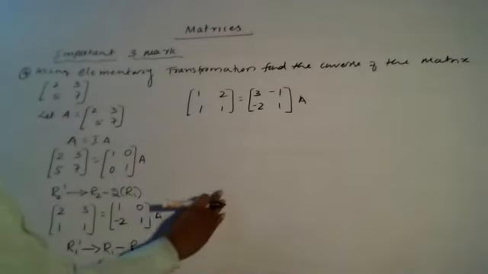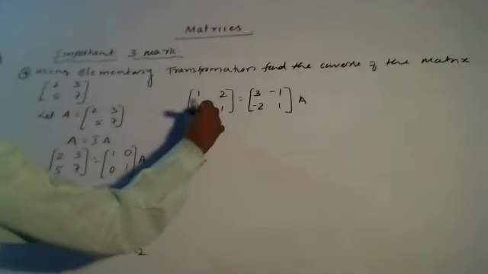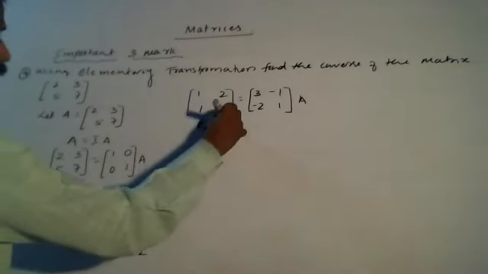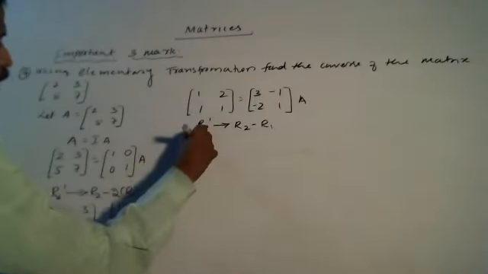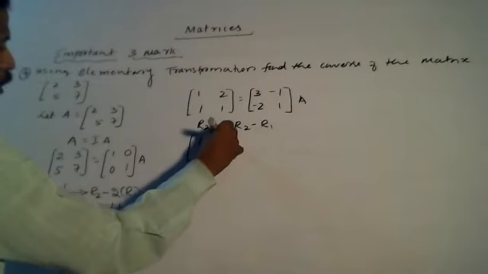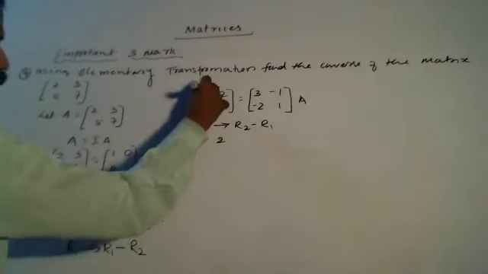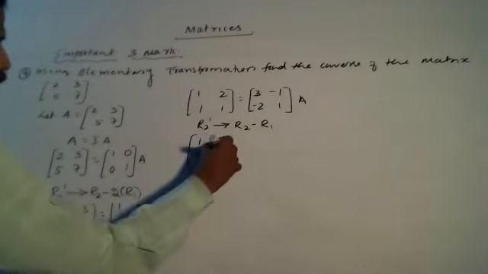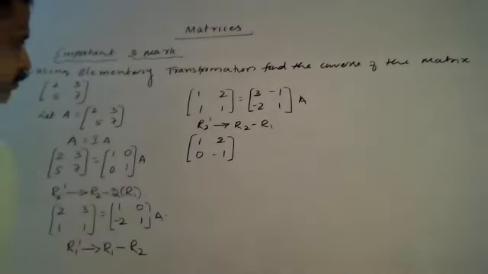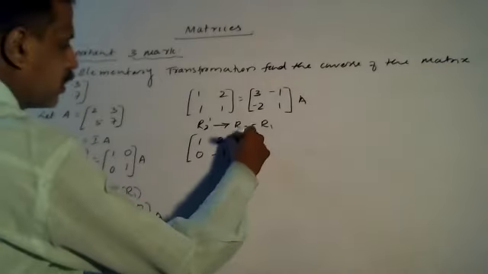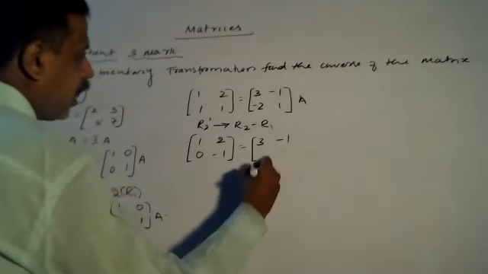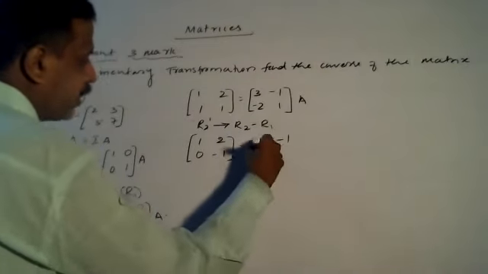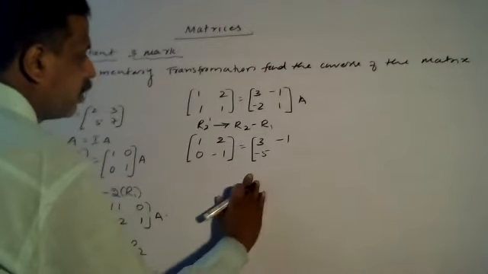Now again R2 changes to R2 minus R1. So, 1, 2 as it is. 1 minus 1, 0. 1 minus 2, minus 1. On the right, 3 minus 1, and minus 2 minus 3, minus 5.